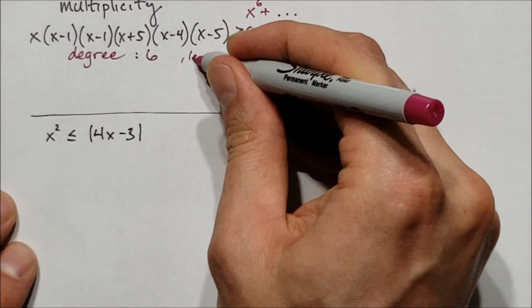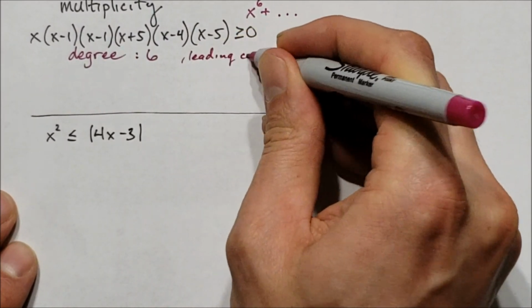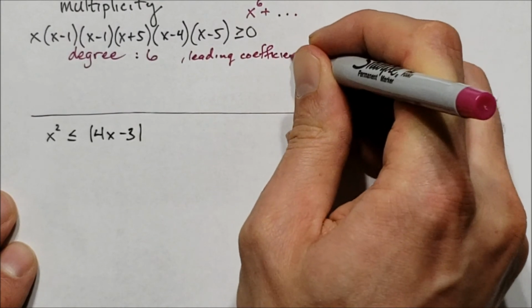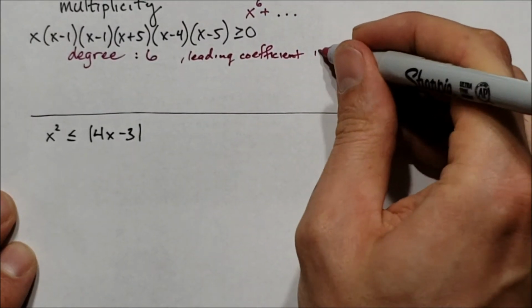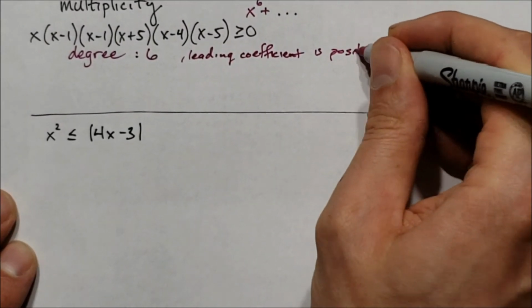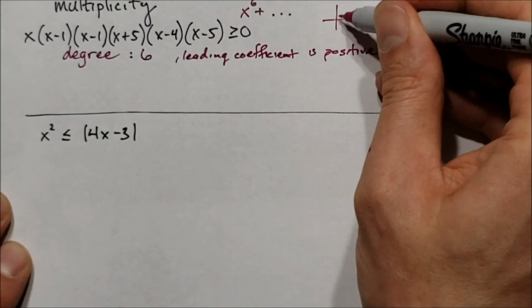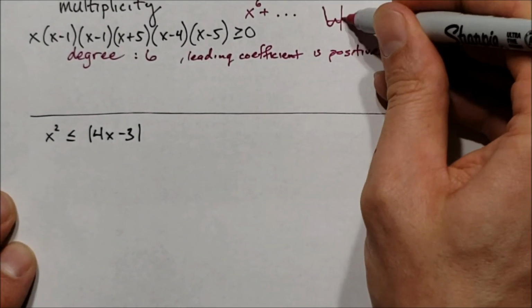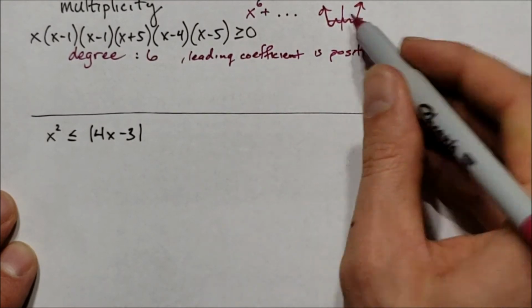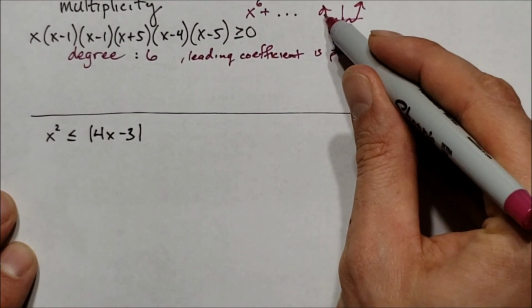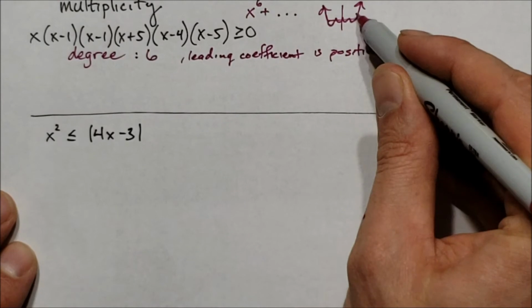But the leading coefficient, again, is positive. What does that tell us? Well, that tells us that this is doing something here, but it's the left-hand limit and the right-hand limit.